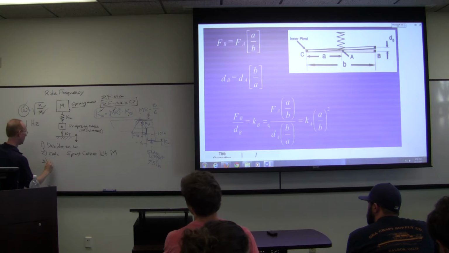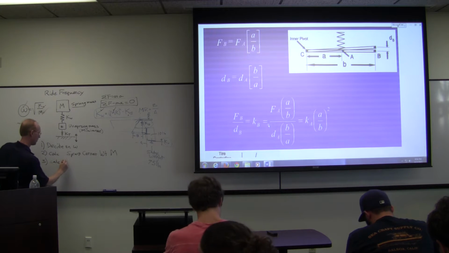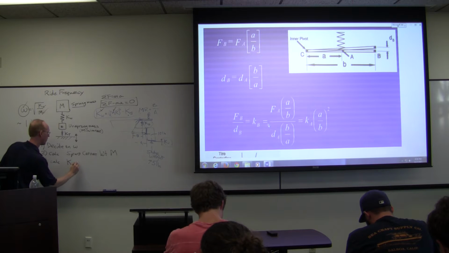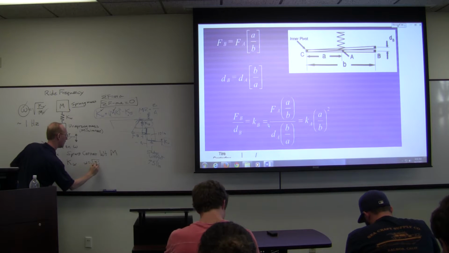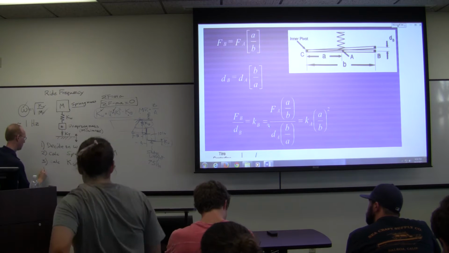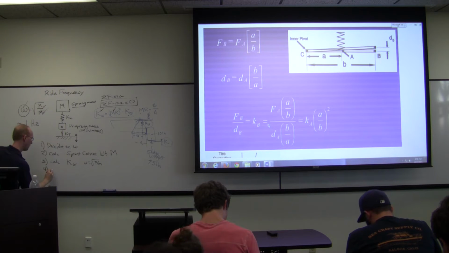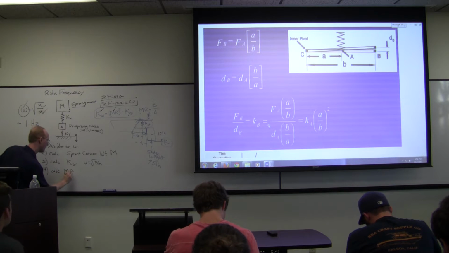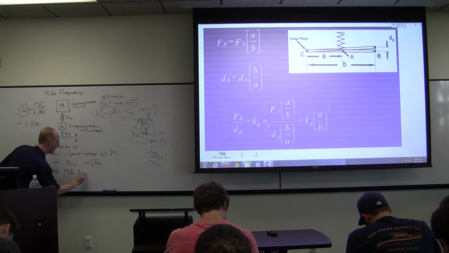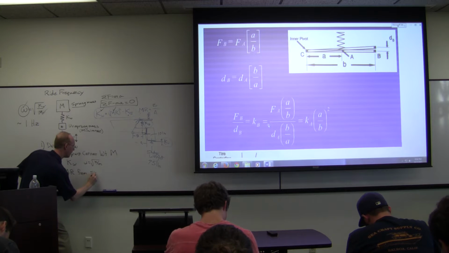So calculate the sprung corner weight m, then calculate the k wheel from omega equals square root of k over m. Then calculate your motion ratio from suspension geometry.